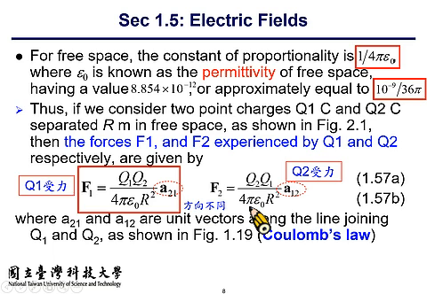Okay, as I already mentioned, epsilon sub-zero is known as permittivity. Practice with your tongue: permittivity.